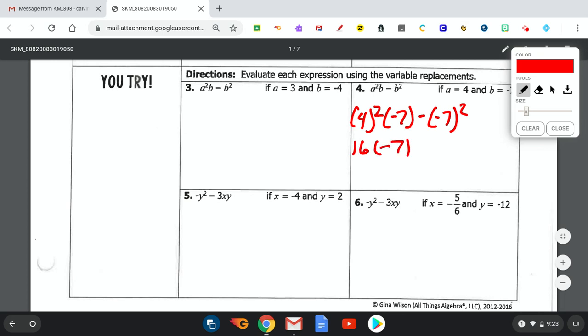Still have that -7. And then -7 squared is +49. Okay. 16 times -7 is -112 minus 49. And all that equals -161.